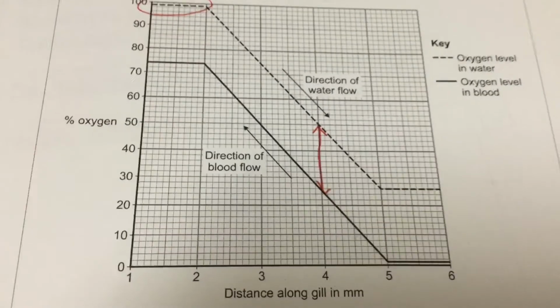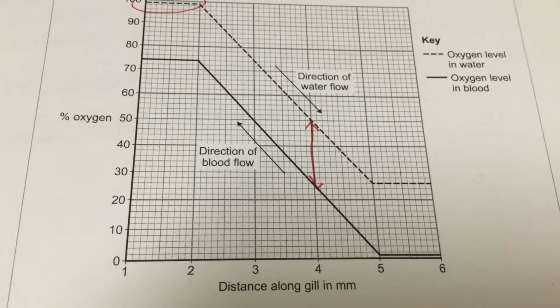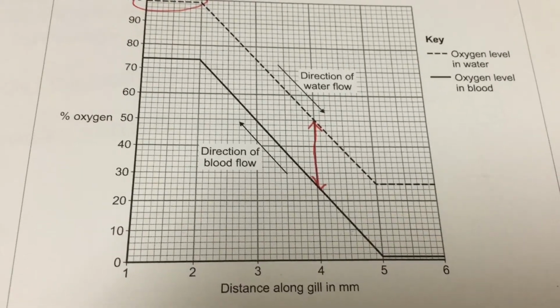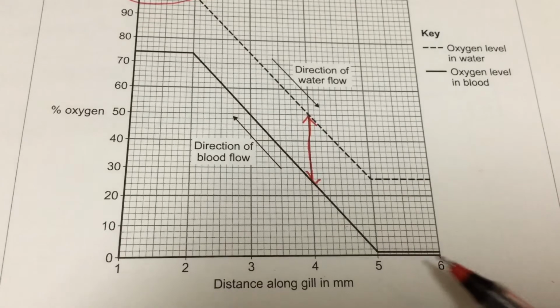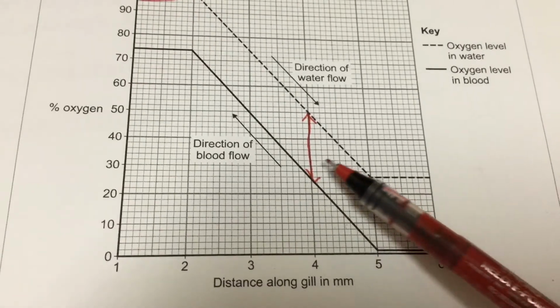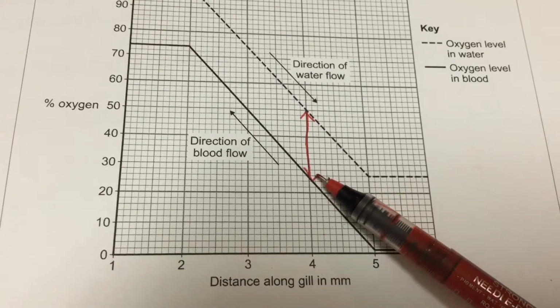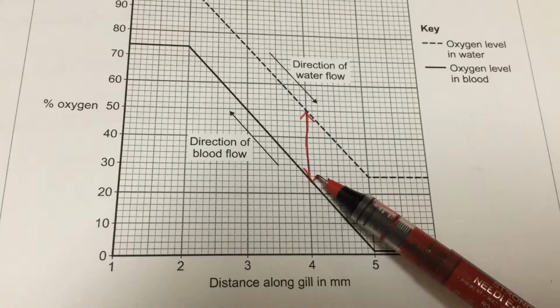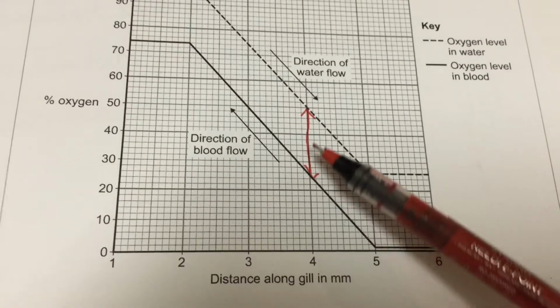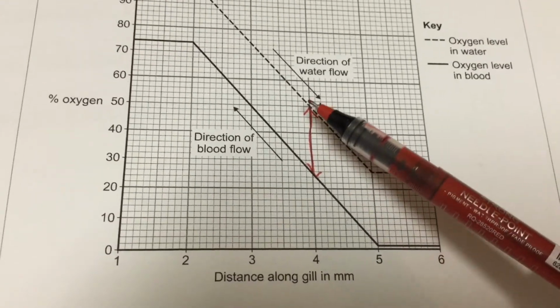So the reason why I like this graph so much is because with the countercurrent system, students can often become confused and think that the concentration in one medium is going to be at its highest when the concentration in the other medium is at its lowest, i.e. in this case, the oxygen in water might be really high, whereas the oxygen in the blood will be really low. And that's not the case.